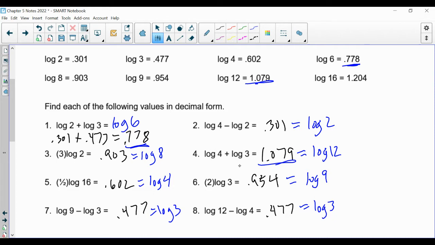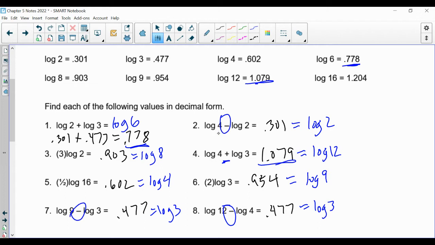The other addition one we had was number 4, and 4 times 3 is 12. That's how it works: adding 2 logs together, you multiply their insides and keep the log the same.